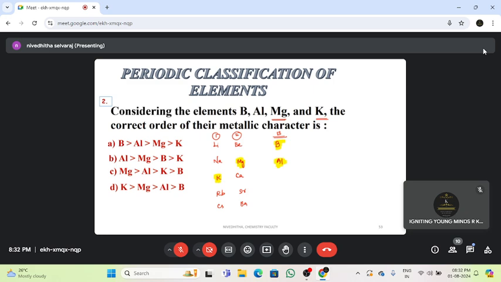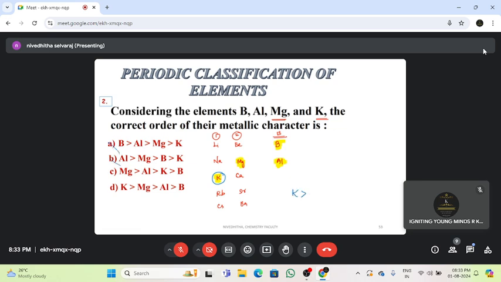So elements present in the leftmost corner of the periodic table will have less effective nuclear charge. Which element will have less effective nuclear charge among these four? Potassium, right. So potassium will lose its electron very easily and will have the highest metallic property.